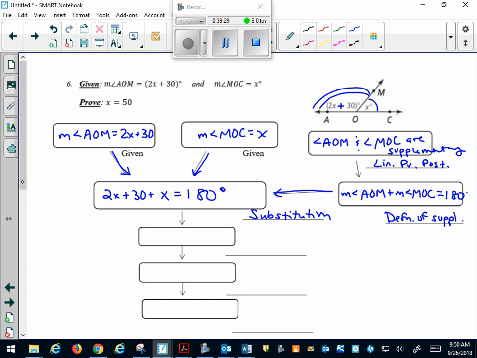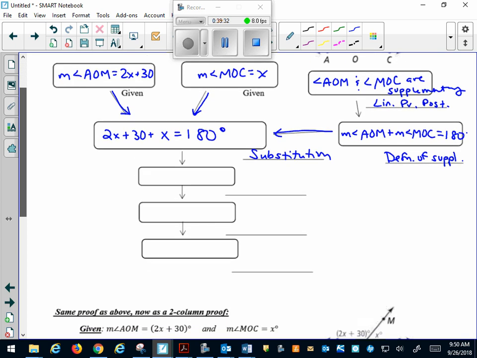The rest of the boxes here are just going to be doing the algebra. So, what's the first thing we need to do to get x? Good. 2x plus x is 3x. And again, you don't want to do more than one step at a time. I know sometimes it's tempting to move the 30 over at the same time or whatever, but remember that cat dog, one thing at a time. So combine like terms first, then what? Yep, we're going to subtract 30 from both sides. The difference here is we're not going to actually show the subtraction, we're just going to show the result.